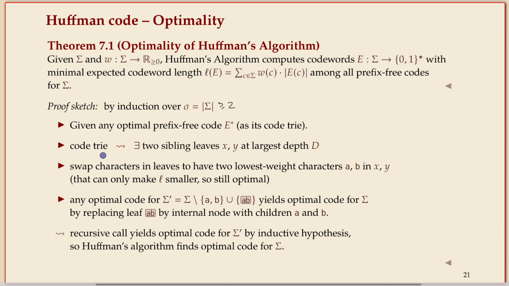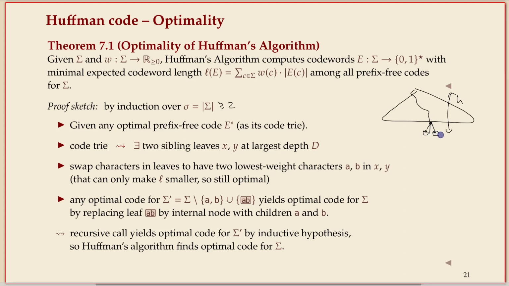Because this is a code trie, just from the structure of the tree, there will always be two siblings at the largest depth. Now, what this means, there's some path. So there's the height of the tree, and there's some nodes that look like this, two leaves at the lowest level.